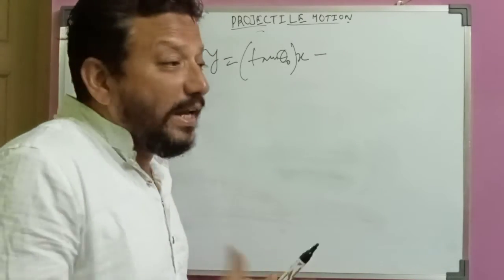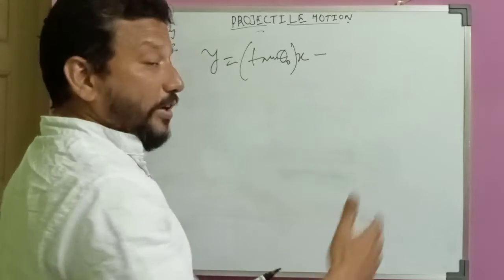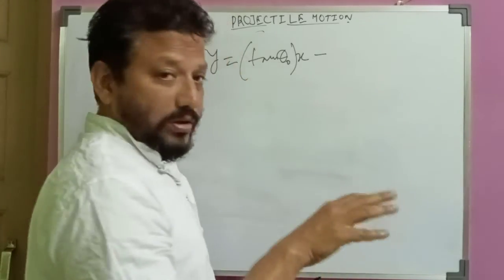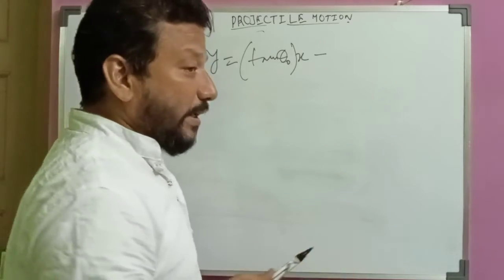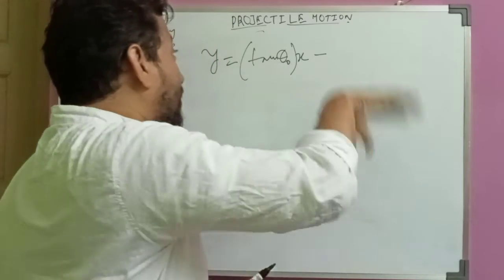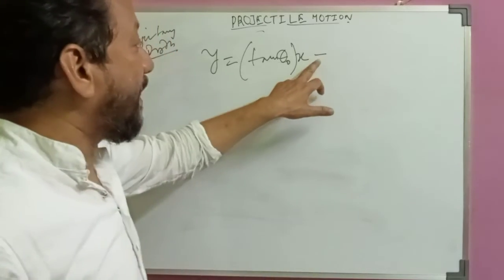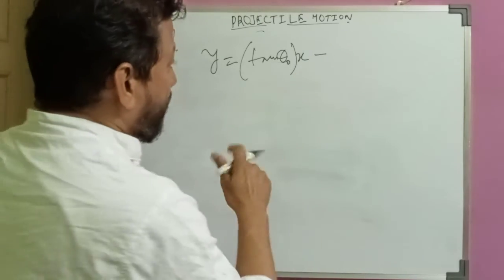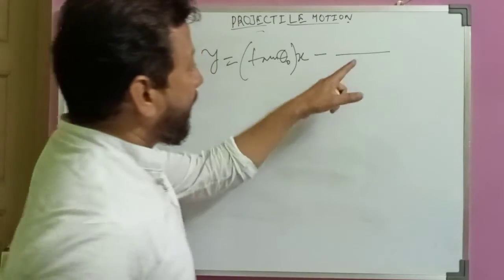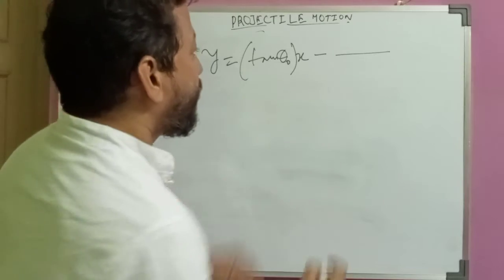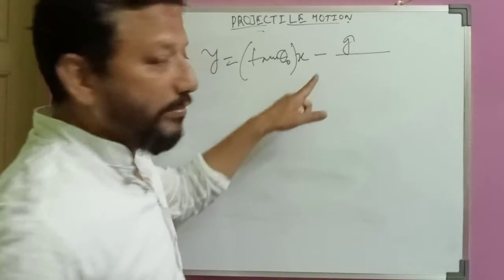I am making it easy so you can understand where and how to place the formula. So we place a minus here because the acceleration is negative, g negative.